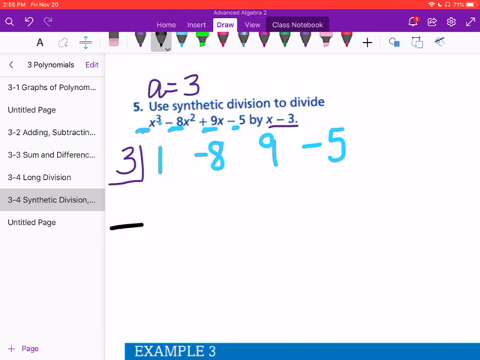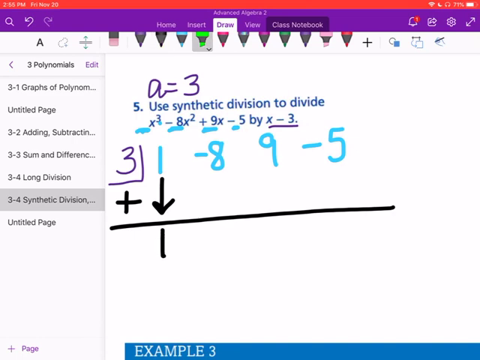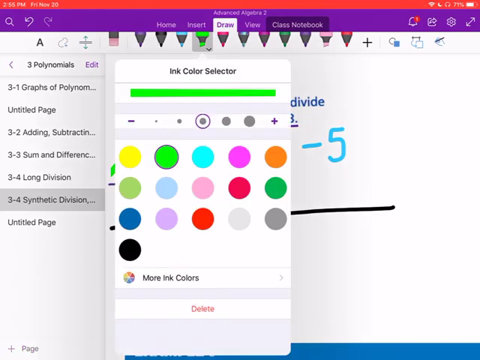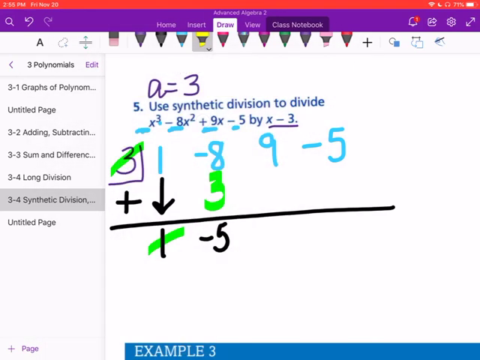All right, then I'm going to draw a line. Always carry the first one down, 1. Then again, we're going to multiply 3 times 1. 3 times 1 is 3. And we're adding now. So negative 8 plus 3 is negative 5. Then I'm going to multiply negative 5 times 3, and I get negative 15.